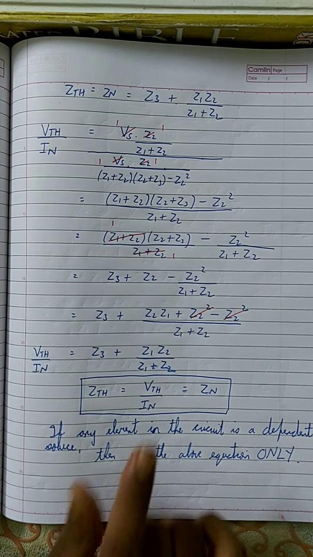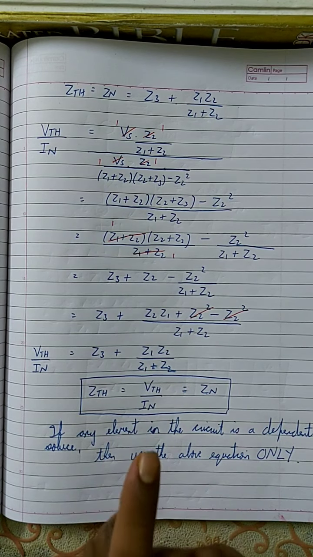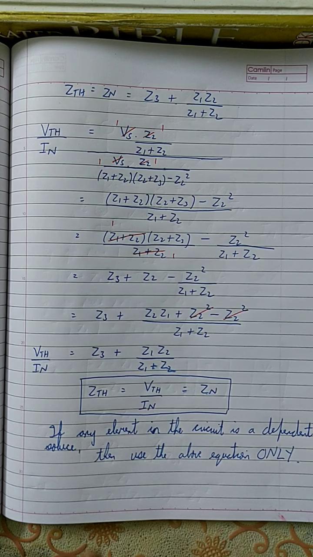In that case, you have to find VTH and you have to find IN and find the ratio between those two parameters.